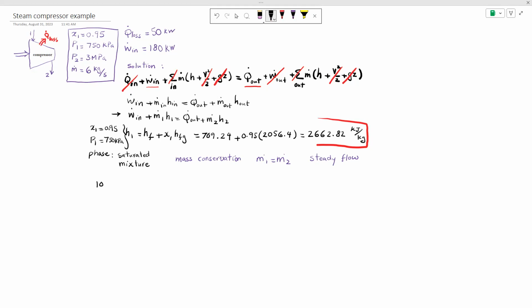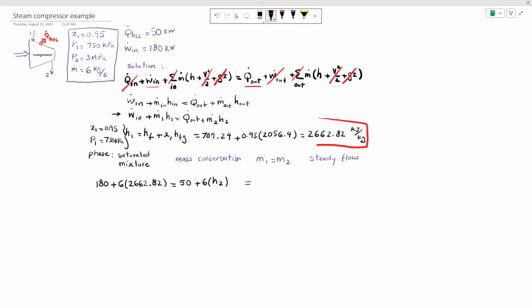W dot in, 180 kilowatts, which is the correct units, plus M dot 1 or M dot 2, both are 6 kilograms per second, multiplied by H1, 2662.82, equals Q dot out, which is 50 kilowatts, plus M dot 2, which is 6 times the unknown H2. We want to solve for H2.